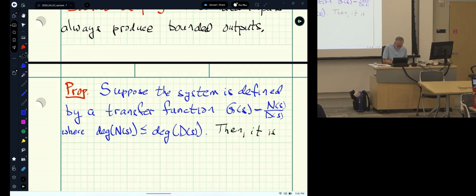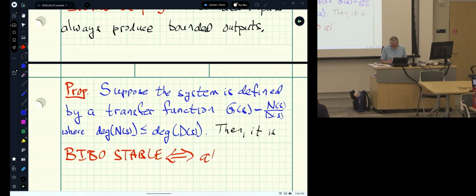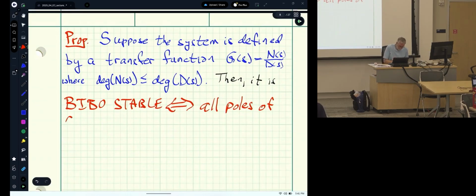Then it is BIBO stable if and only if all poles of G of S have negative real parts.